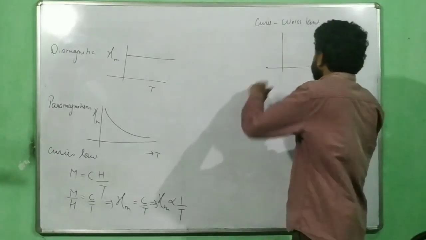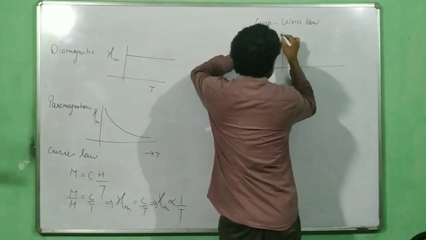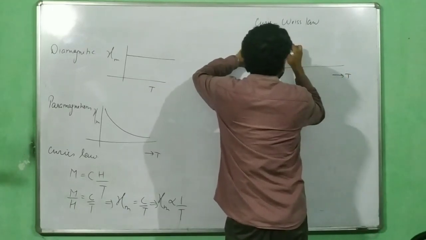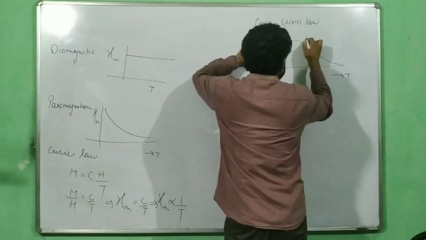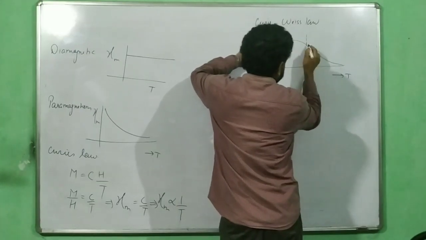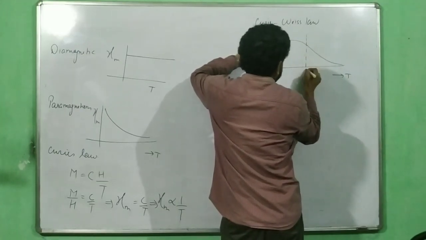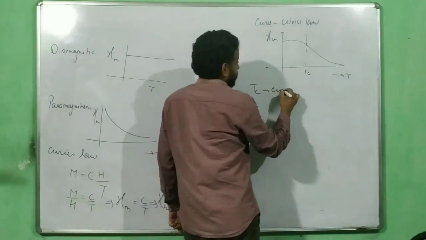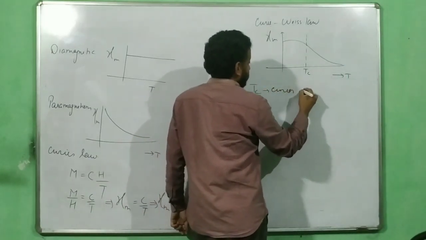And it has Curie's temperature. So if I plot Xi m over here, and this is the temperature, at one particular point it starts showing a transition, and this Tc is called Curie's temperature. They ask this, Curie's temperature.